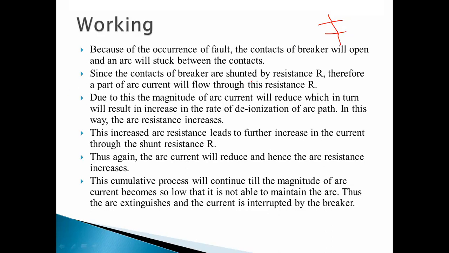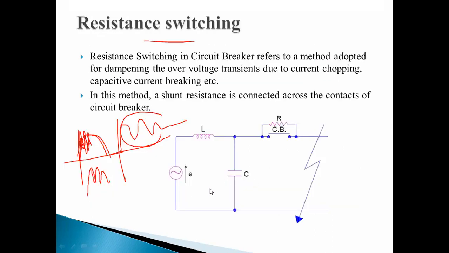Since the contacts of the circuit breaker are shunted by a resistance, a part of the arc current will flow through the resistance. When any fault occurs and the contacts of the circuit breaker open, there is still an arc, which means current is still flowing through the contacts.